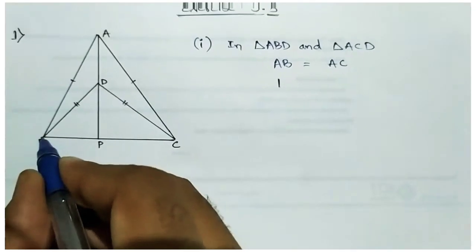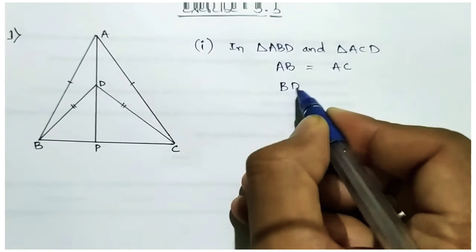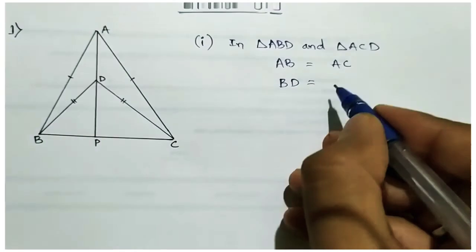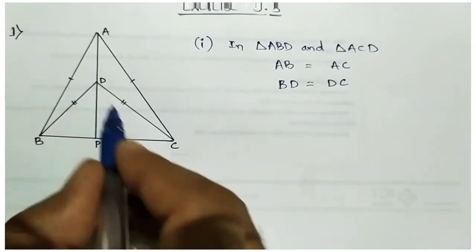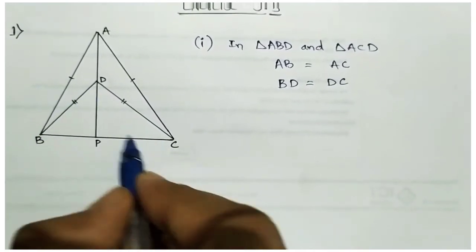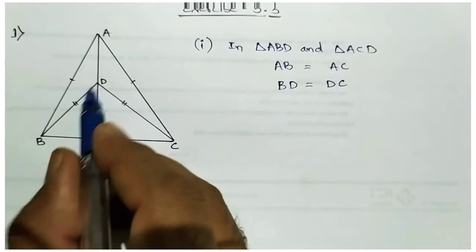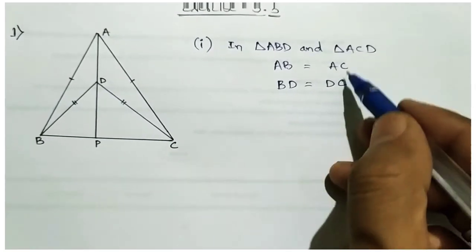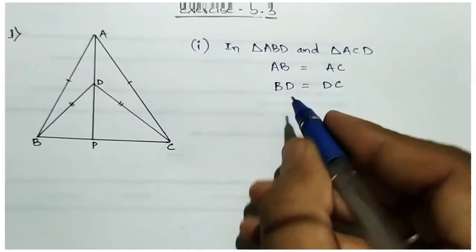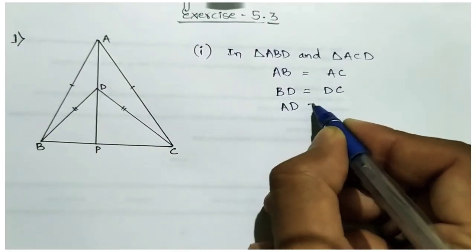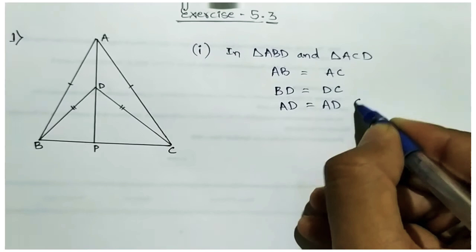Similarly, BD equal to DC. These two sides are also sides of the isosceles triangle DBC. Two sides we got. Another thing is common here, AD is common to both triangles.